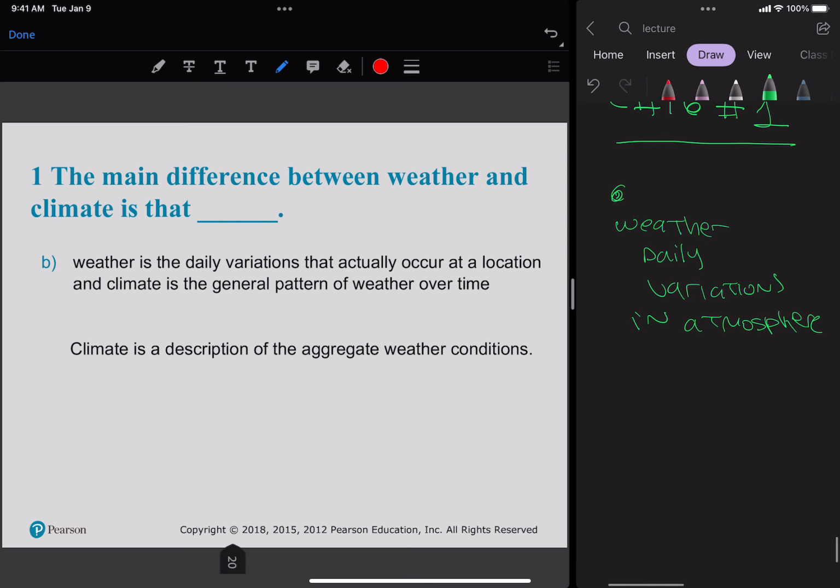Whereas climate are long-term conditions in the atmosphere, or long-term atmospheric conditions.